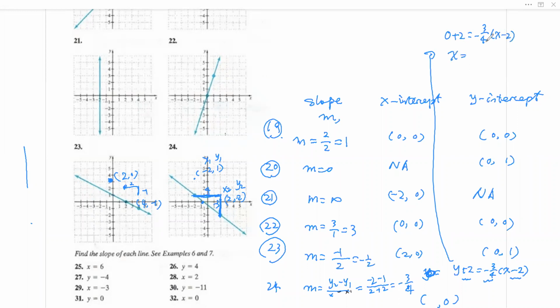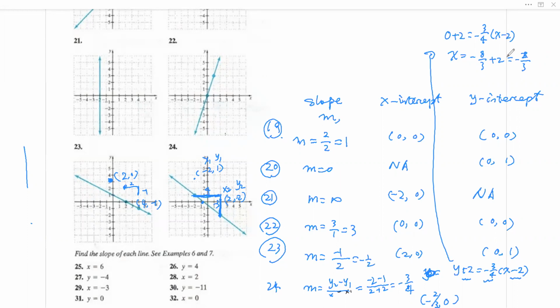Can you guys do it? So move this to the right. Okay, it's -8/3, right? X minus 2 equals -8/3. Did you get it? So here we got -2/3, right? So here is -2/3.